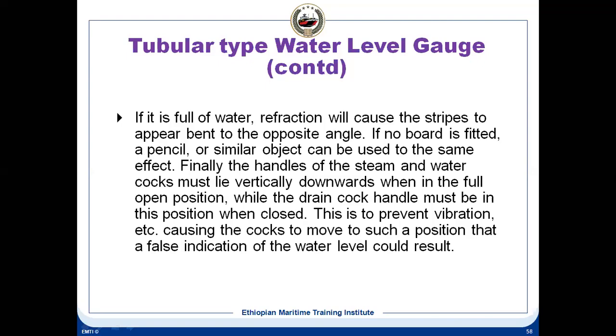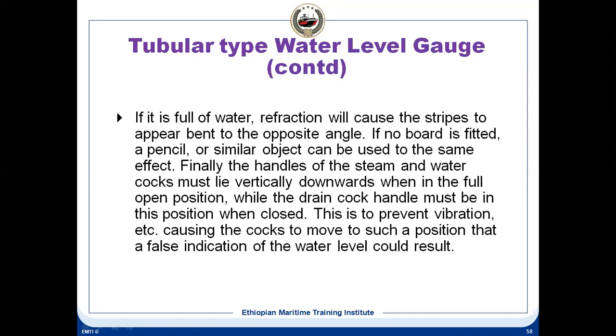Finally, the handles of the steam and water cocks must lie vertically downwards so that, obviously due to vibration, the handle should not close. And obviously the gauge glass has got a drain cock.